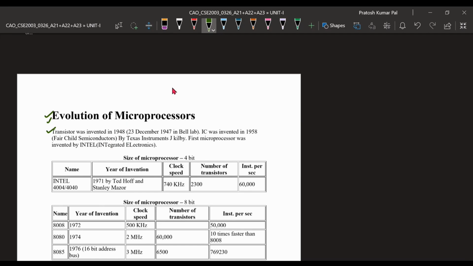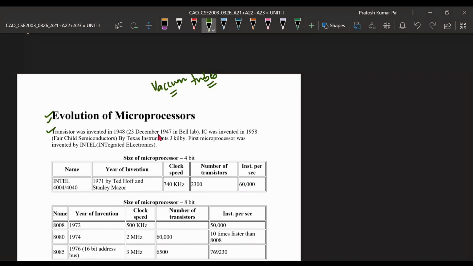Before that, we had vacuum tubes, which are of very large size. To replace that, we got the new technology called the transistor, invented in 1948.